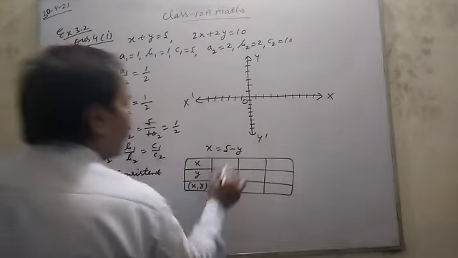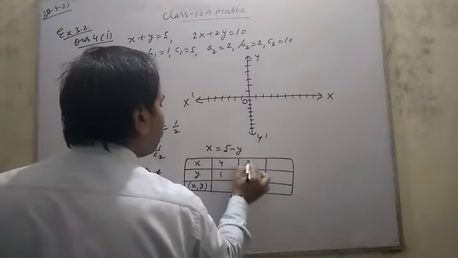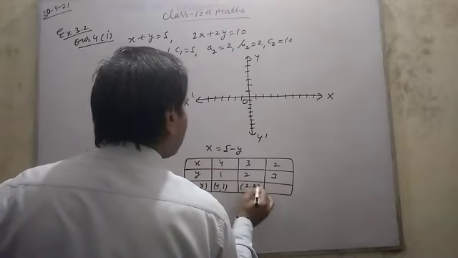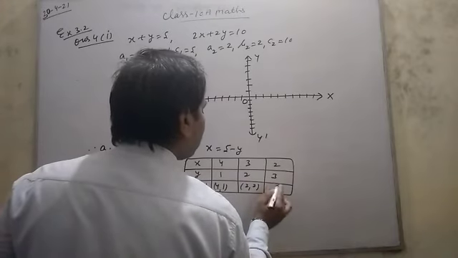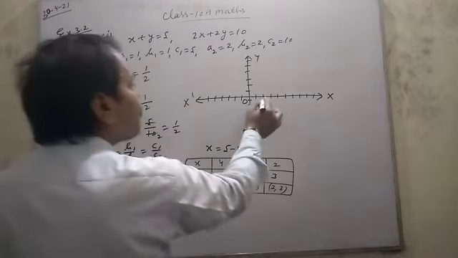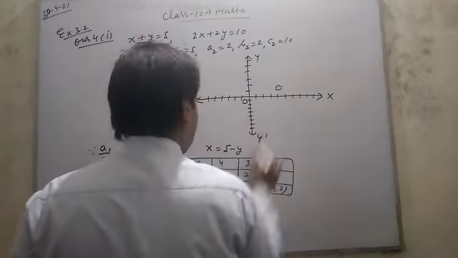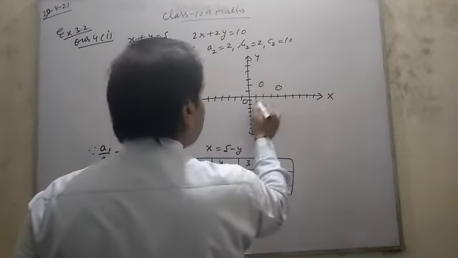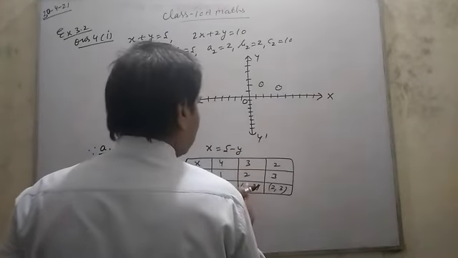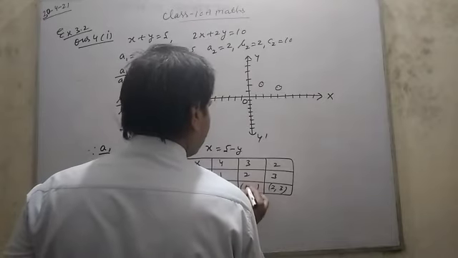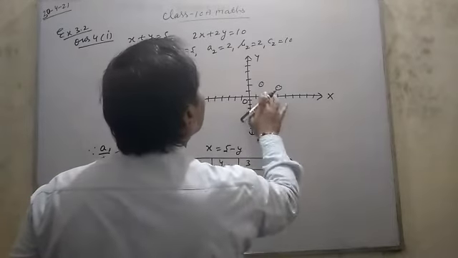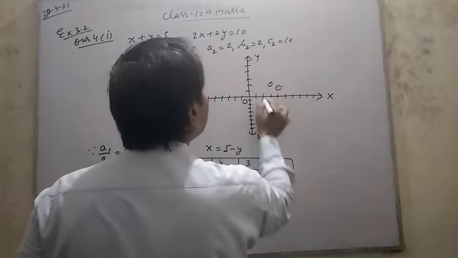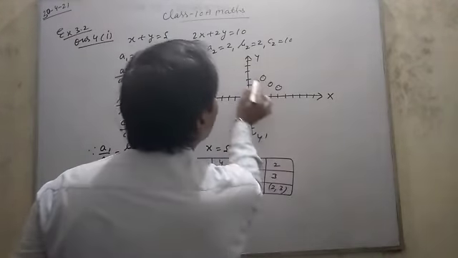So y values 1, 4, 2, 3, 3, 2. So the points are 4, 1; 3, 2; 2, 3. Represent these on the graph, then join.